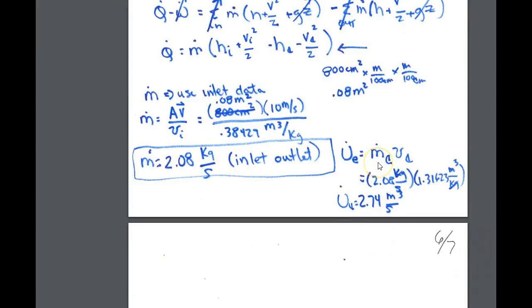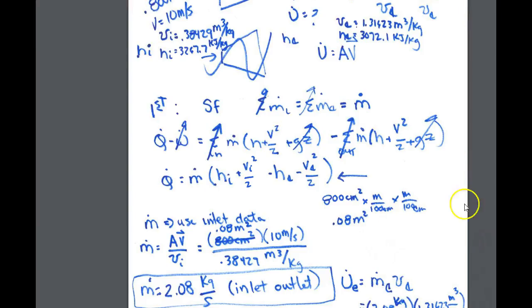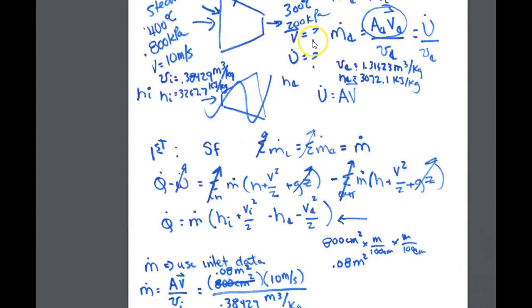Well, using that same equation, we take the mass flow rate on exit, which is the same as the mass flow rate on the entrance, multiply it by the specific volume, cancel units, and we get a volumetric flow rate of 2.74 cubic meters per second on the exit. Right, so now we know some stuff about the mass flow rate, the volumetric flow rate, and the last question they want to know is, what is the velocity of the fluid?